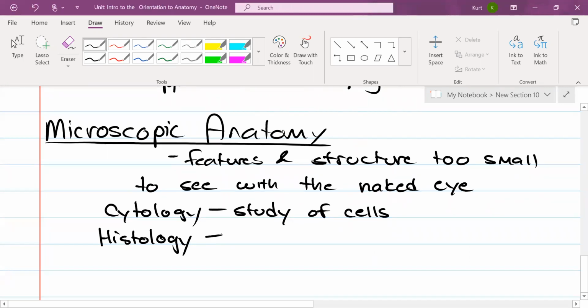There are about 200 plus different types of cells in the human body. We're going to learn a lot of them. Red blood cell, leukocyte, lymphocyte, T cells, B cells, neurons, neuroglia, sperm cells, egg cells, osteocytes, all these different things. You'll learn them. There's 4 different types of tissue. Histology is the study of tissue.